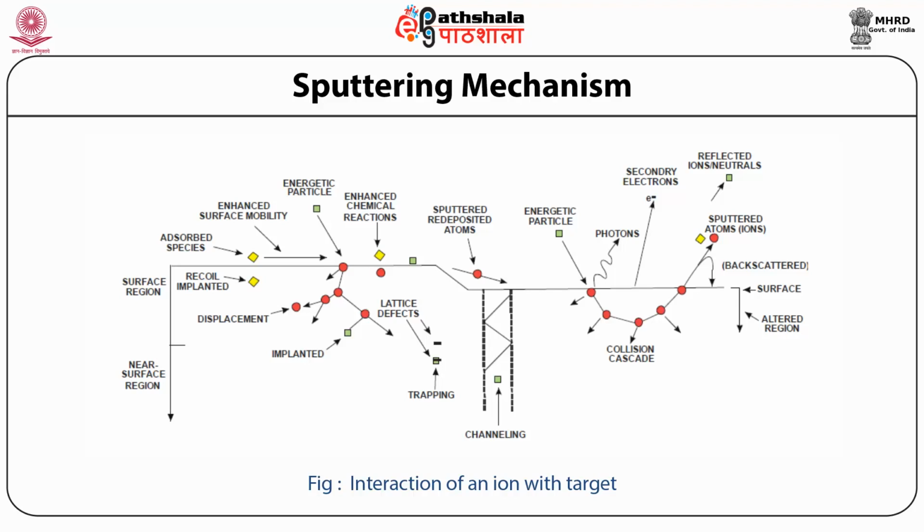We can also see the lattice defects which are caused by trapping or the particles which are implanted, displaced. So, this figure gives the gist of the mechanism of the sputtering technique.